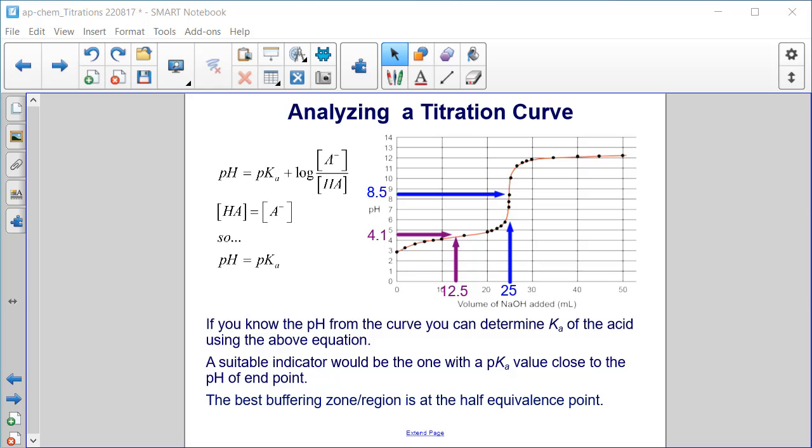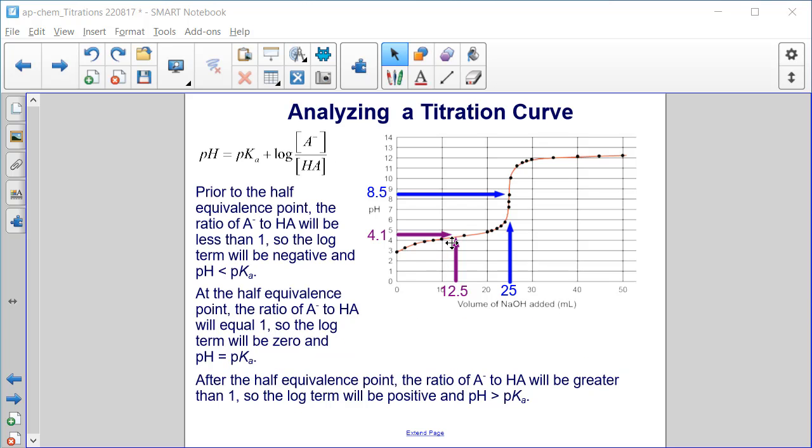The best buffering zone or buffering region is at the half equivalence point, because at this point the changes in pH are much more subtle. And that's because you have a buffered solution of whatever the weak acid is in this case and its conjugate base.